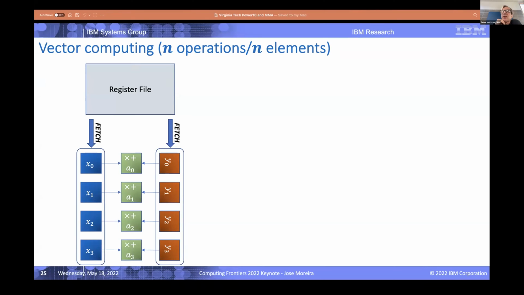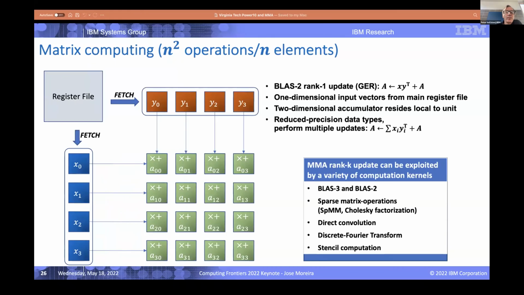In the case of single precision flops, it would give you 8 floating point operations per cycle.